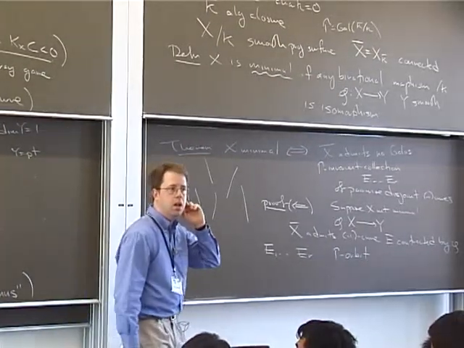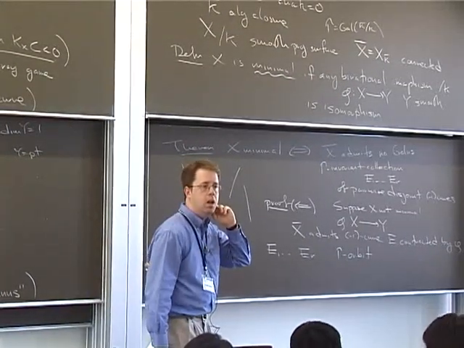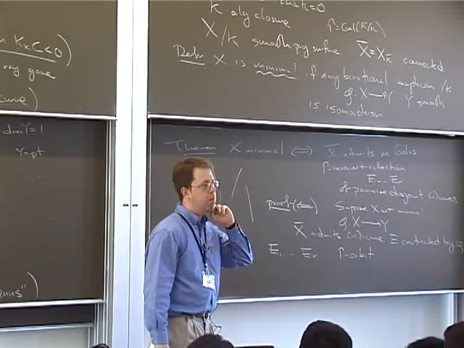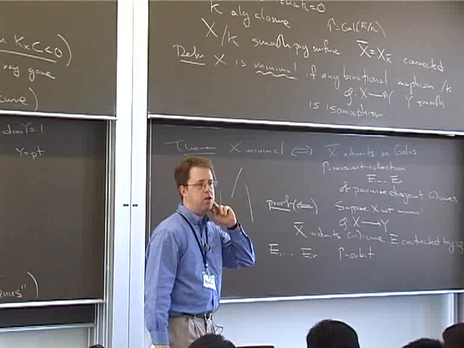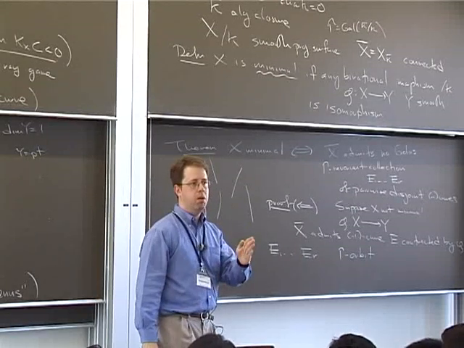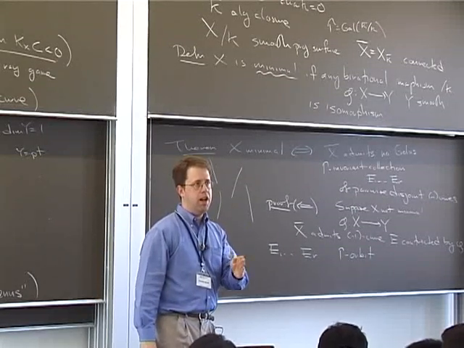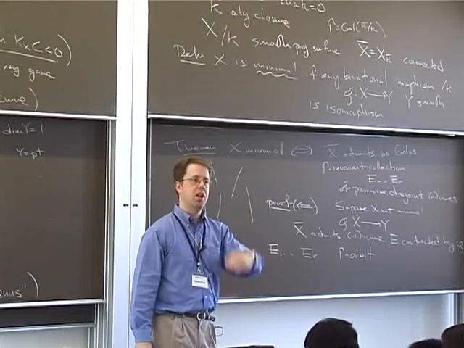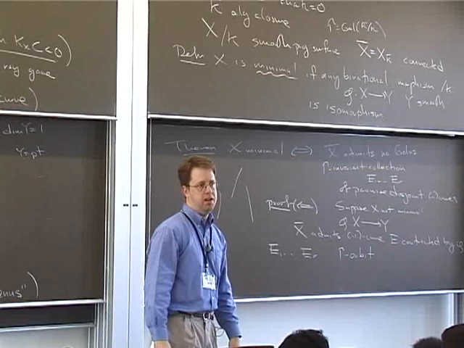Yes? Why couldn't it become an isomorphism after going to the algebraic closure? Being an isomorphism is stable under base change. If you have a morphism that becomes an isomorphism after base change, then it was an isomorphism in the first place.